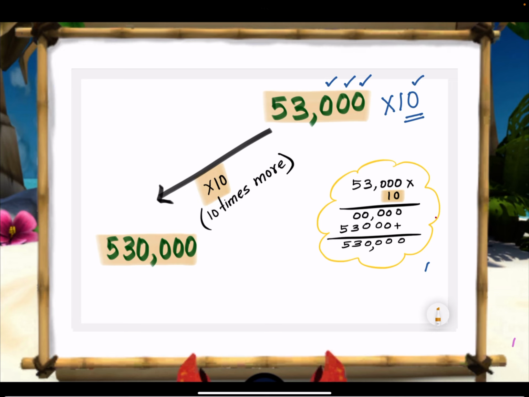For example, in 530,000, the 4 zeros that I'm talking about is 1, 2, 3, and 4. So that means 53,000 has 3 zeros in it.